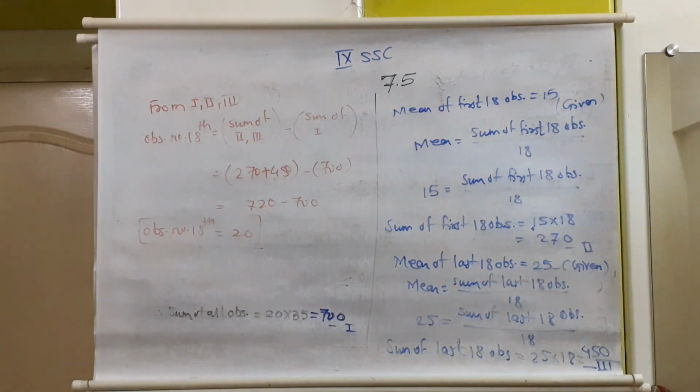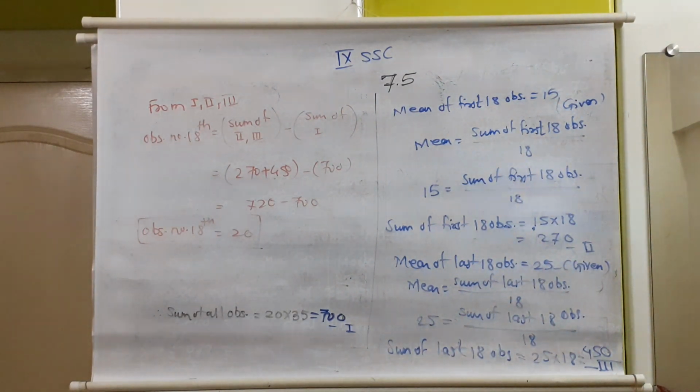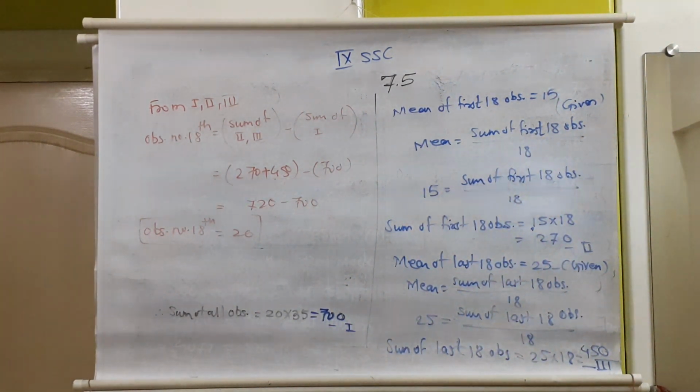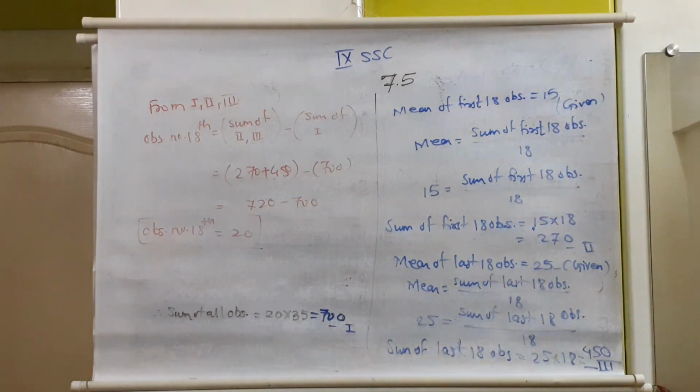So if we'll subtract this first from the total of second and third, the difference between these is nothing but the one more time extra counted observation number 18. So 720 minus 700, we have here the observation number 18, which we were supposed to find out for question number 9. Let's continue with question number 10.